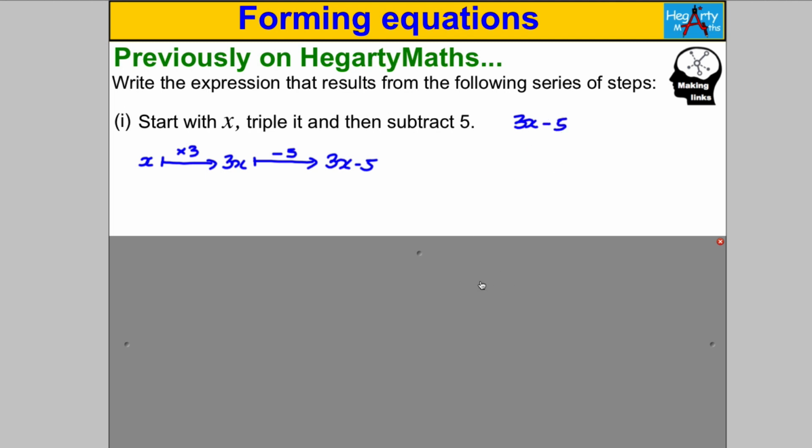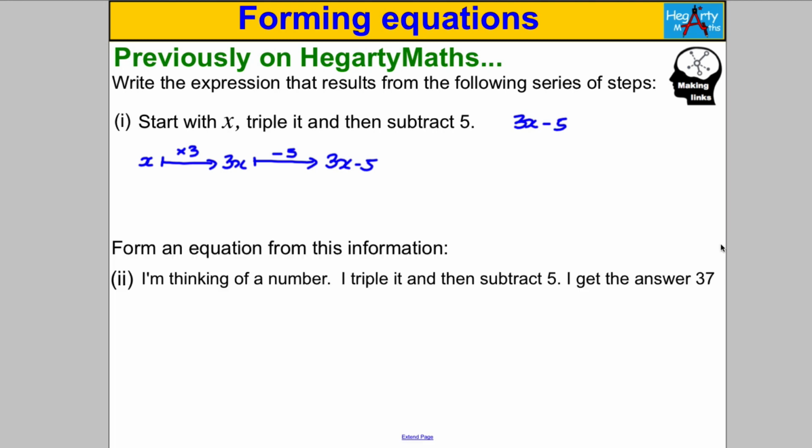Now, how are we going to form an equation? Let me give you a problem that's like that, but from which an equation can be formed. Form an equation from this information. I'm thinking of a number. Remember, I'm thinking of a number is like starting with x. I triple it, that's what I did up here, and I subtract 5, but this time we're told I get the answer 37. So this whole flowchart is still appropriate here.